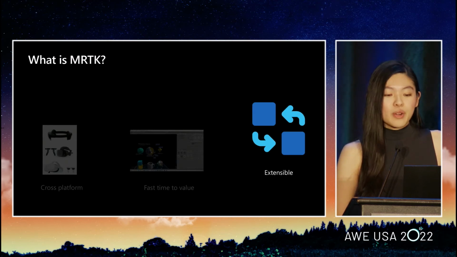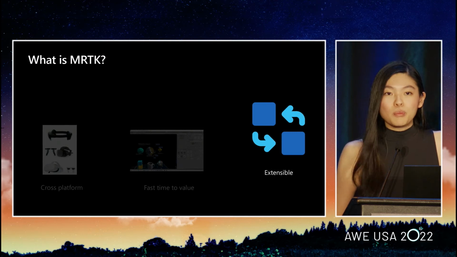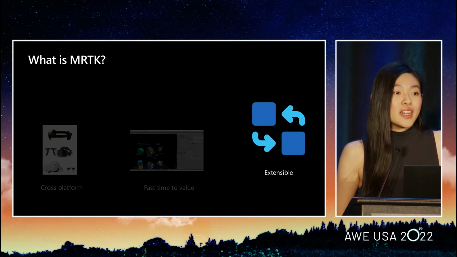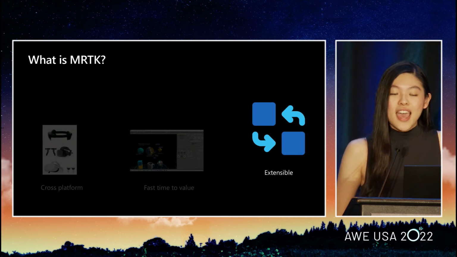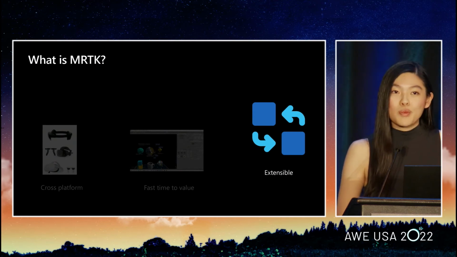Lastly, MRTK has always been an extensible and customizable platform. Because we're an open source project, we've had many great community contributions that build on and extend the current MRTK offering. So developers can swap out core components of the MRTK framework as needed to suit their needs.